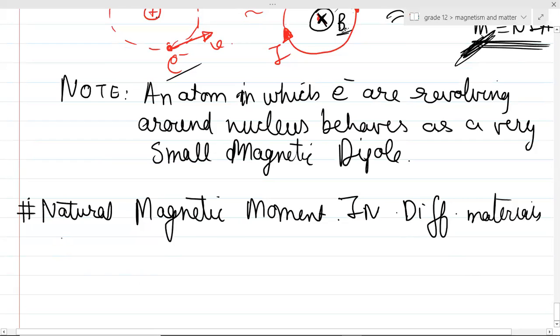Now we know this particular thing: in different materials there are different orbits, and in these orbits there are many electrons revolving around the nucleus. Yes or no?